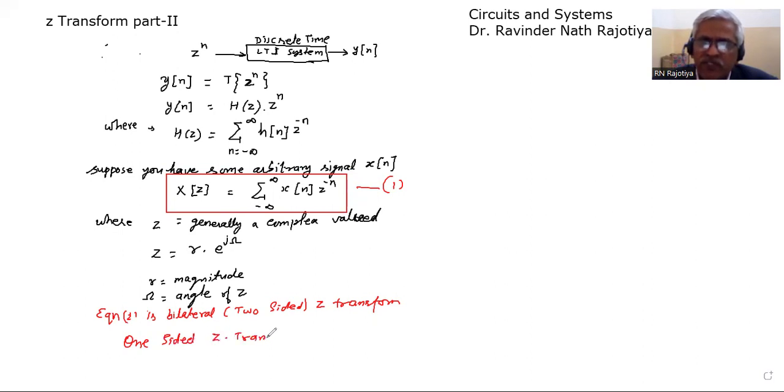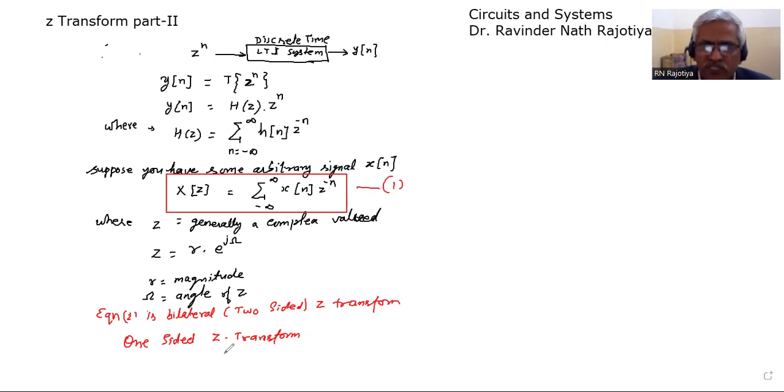You can derive it yourself from equation number 1: if x of minus n is equal to 0, then we can just neglect the summation from minus infinity to minus 1, and only the summation from 0 to infinity will remain.